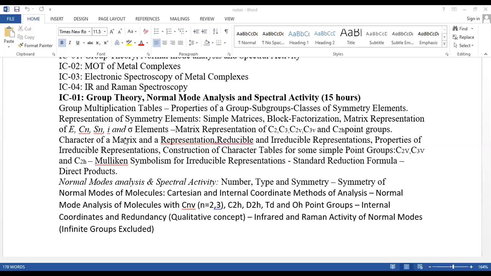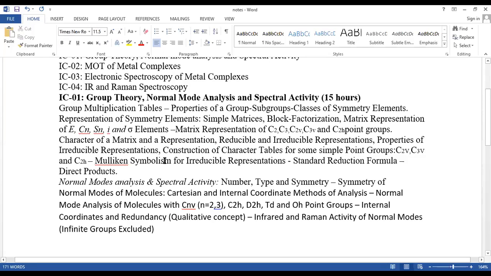First we do it for the elements, then for the point groups. Then how to write the character of a matrix using these representations, reducible and irreducible representations. Properties of irreducible representations, how to construct a character table for simple point groups like C2v, C3v, and C2h.